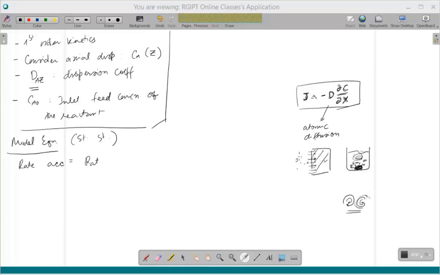So the flux arising over here would be given, if you know del C by del X, then the D value would appear to be different if this is due to turbulent flow, or eddy diffusion, versus atomic diffusion. This would be eddy diffusion. So D would be different. That's all. But overall, the governing mathematical model equation is still the same.